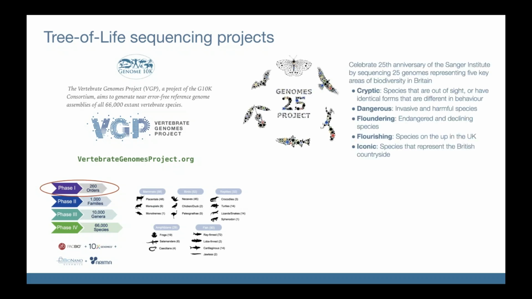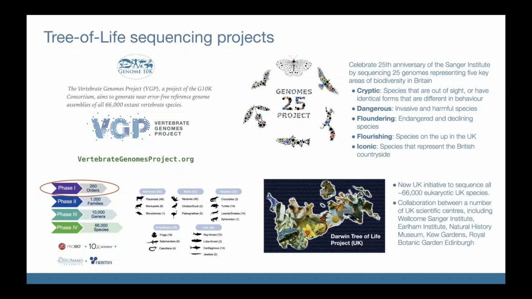In addition, around the same time as the Vertebrate Genomes Project was kicking off, Sanger was celebrating its 25th anniversary, and there was a project started to sequence 25 genomes from Britain, representing local biodiversity.